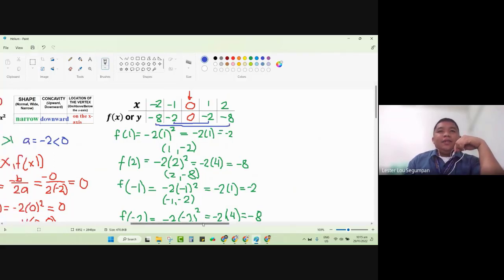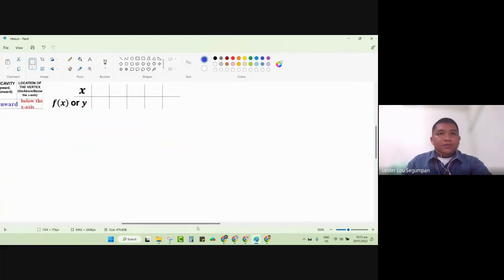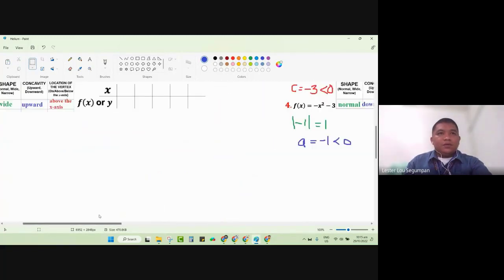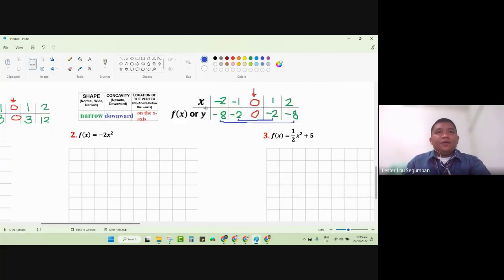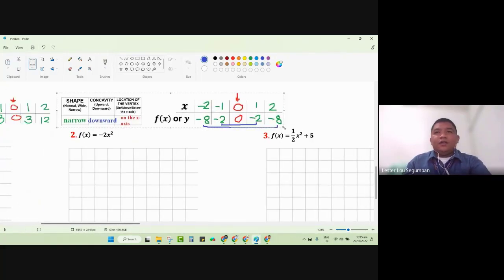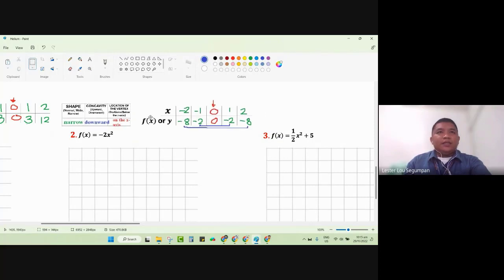So let us copy this and place it below, in order for us to graph our second function. But let's make this a little bit smaller, just like that.